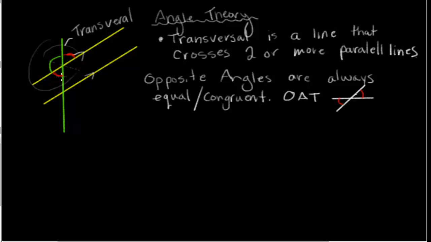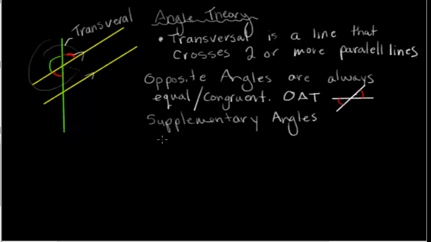So the red and the green go together to make a half circle. We call these two angles supplementary angles.